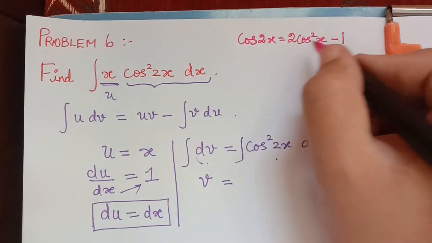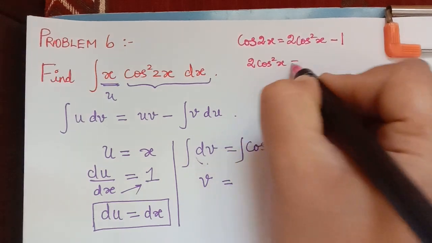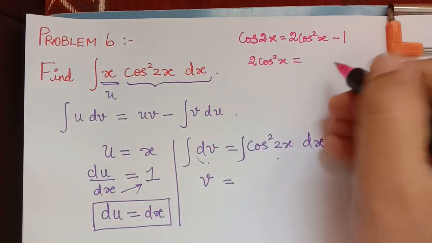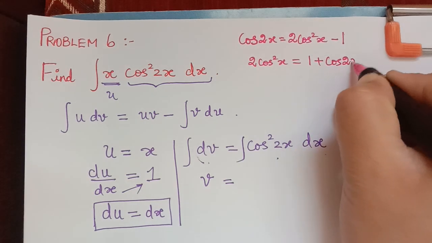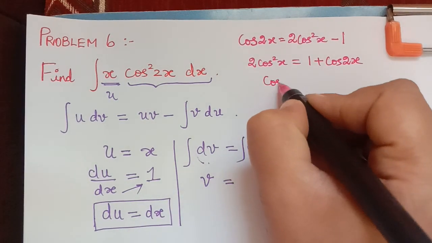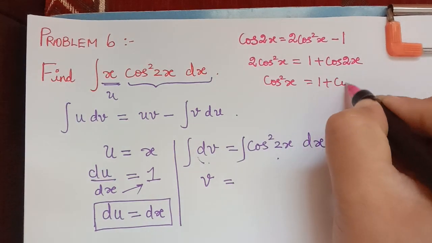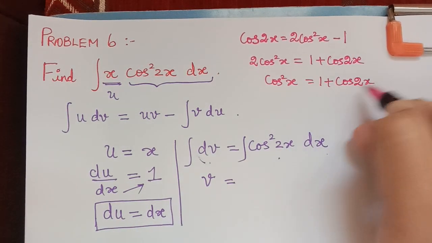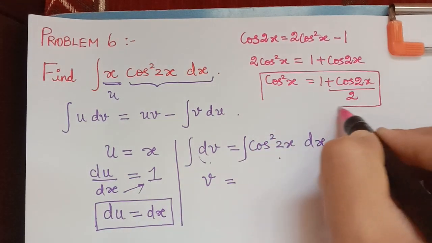From this formula we can rewrite it as 2 cos squared x equal to, taking the 1 to the other side, 1 plus cos 2x. And so we obtain cos squared x equal to (1 plus cos 2x) divided by 2. So this is the formula that we will be using here.